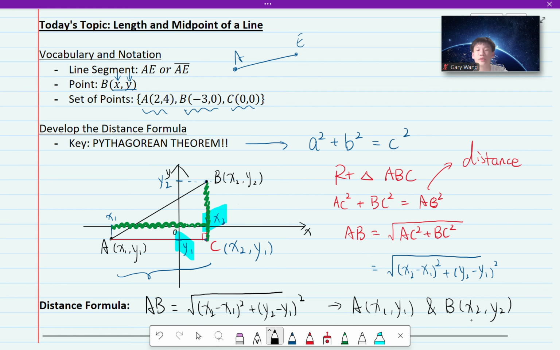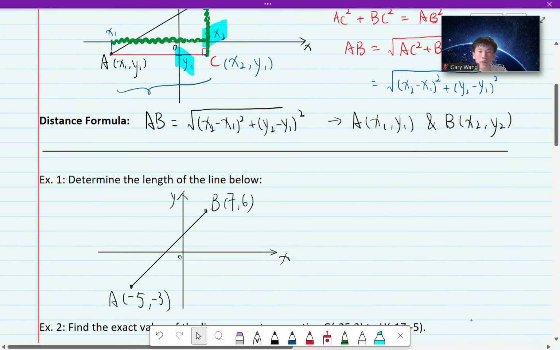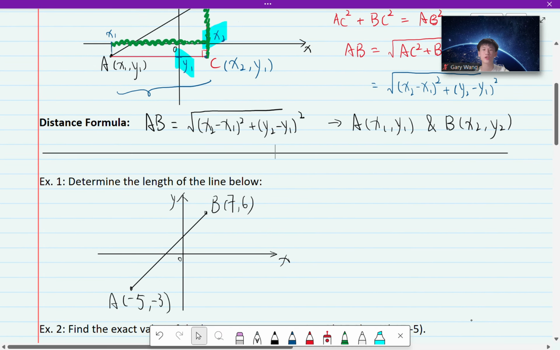So now let's use this formula to try to solve a question. Example number 1. Determine the length of the line below. We can see that we have 2 points on this plane. One is A (-5, -3), and B (7, 6).